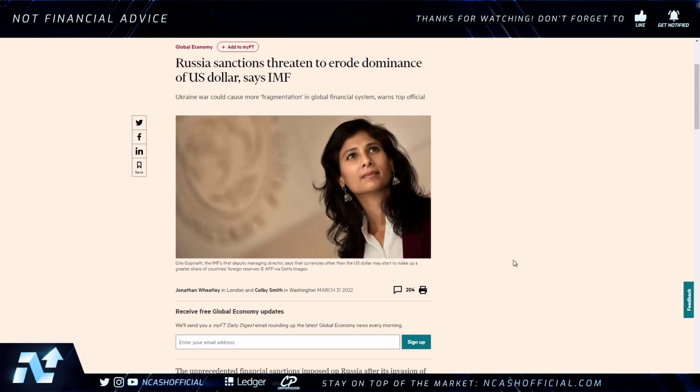Is it really Russia sanctions that is threatening the dominance of the dollar? Or is it the idea of these nations wanting to move away from the dollar because as the US continues to print that money, being a reserve currency actually not only hurts the US economy, but it actually hurts every other nation's economy.